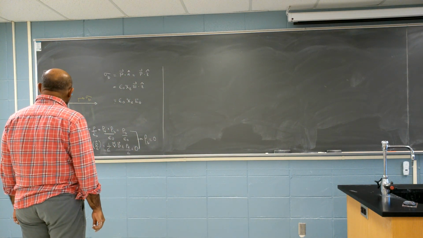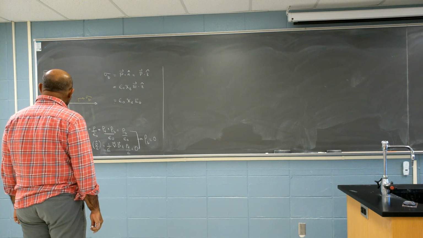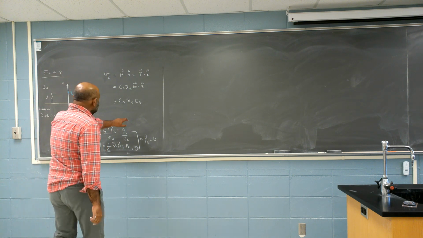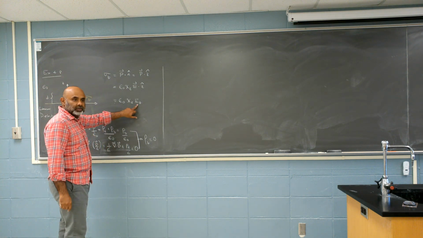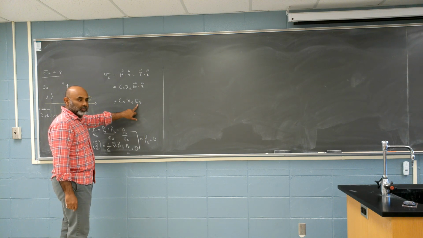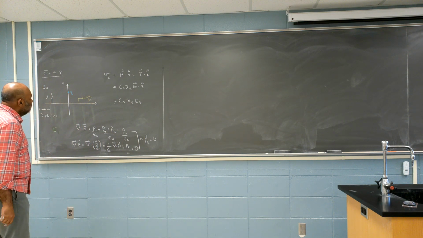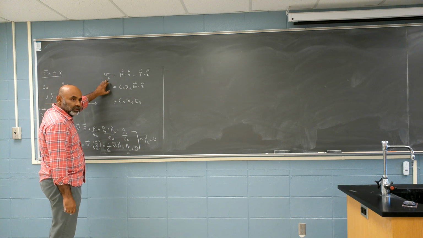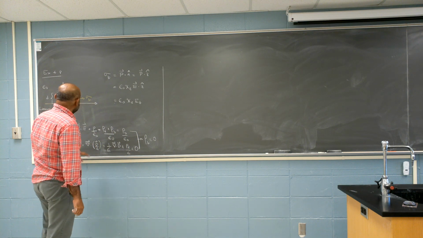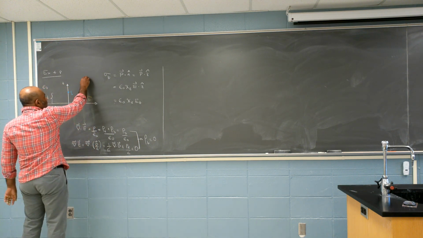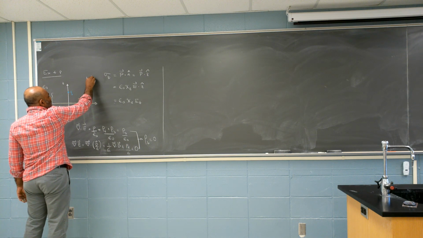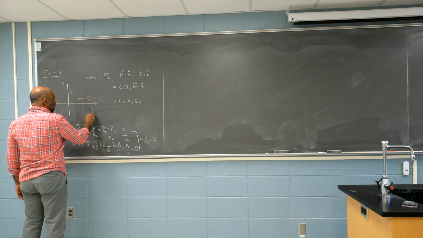So what we want to do is understand what this E z is, so that we know what the sigma bound is at the boundary. I'll of course call this below and call this above.